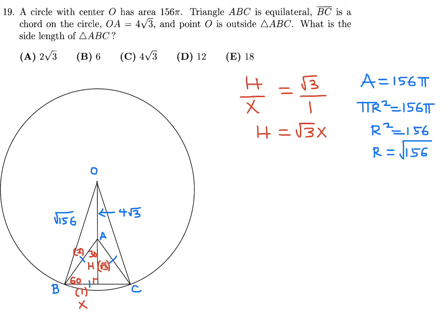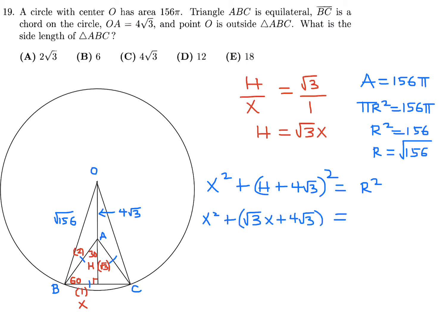So that means using Pythagoras, x squared plus this top to bottom is h plus 4 root 3 all squared is equal to that radius squared. X squared plus h I just got in terms of x, so I put that in there.